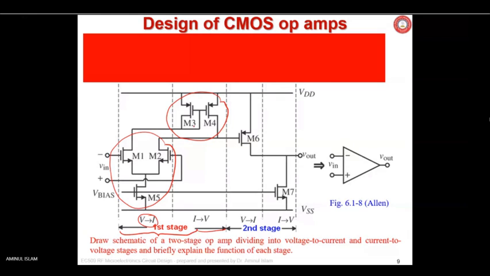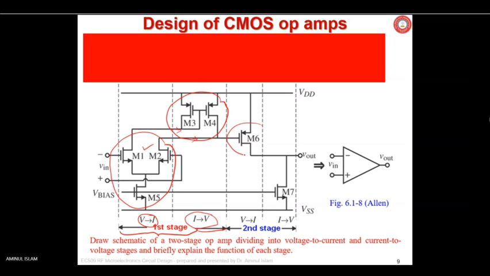This is the stage which converts the input current into voltage, I to V. So this stage is converting the current supplied by the differential transconductance stage into voltage.